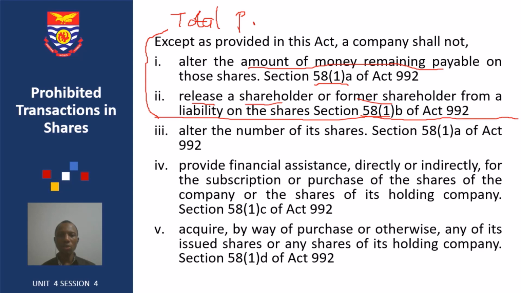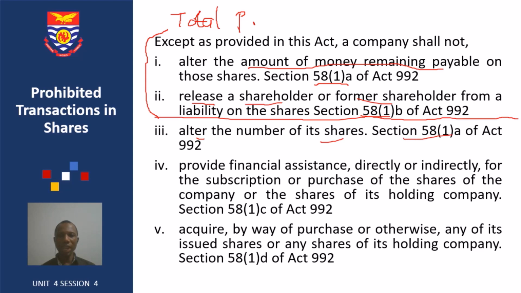So you are not supposed to change your number of shares. That is the prohibition here. However, this prohibition is a partial one. It means that the Act makes room for alteration to be done, but it should conform with certain requirements. So you can alter your shares in accordance with the applicable rules.